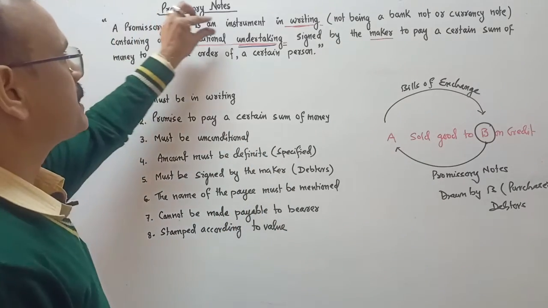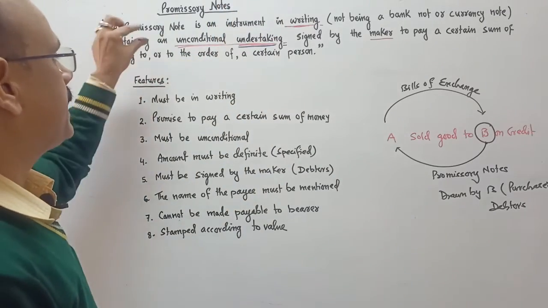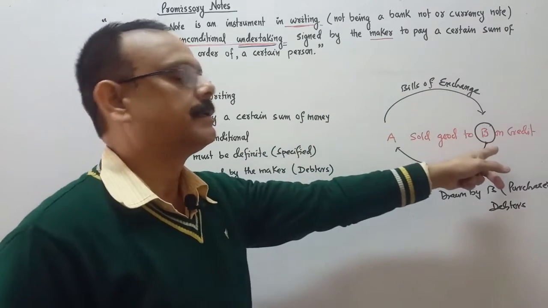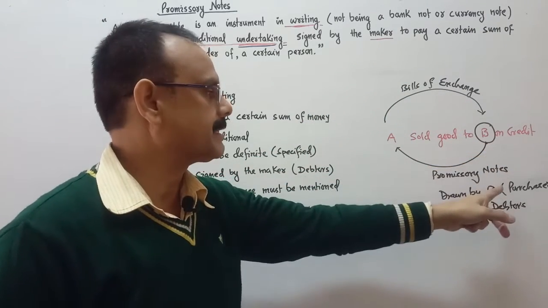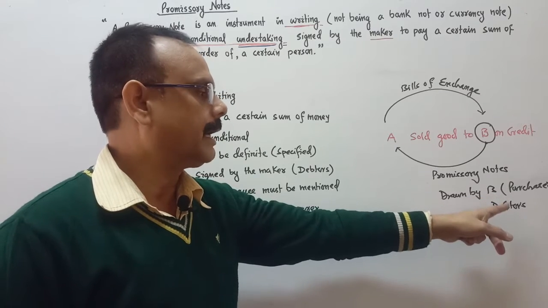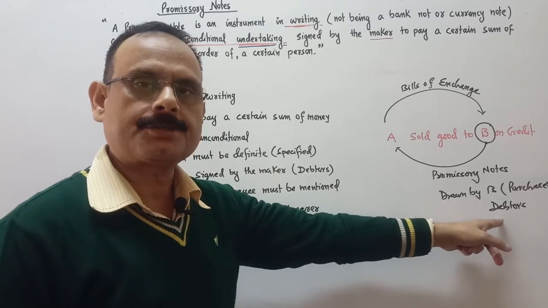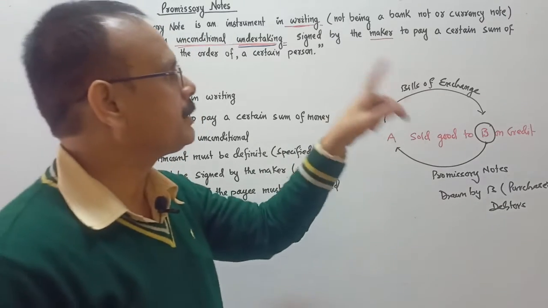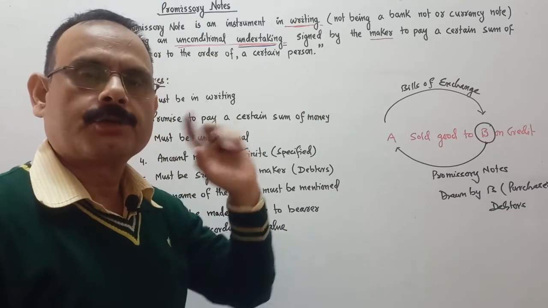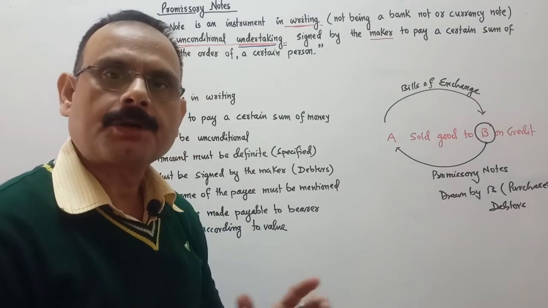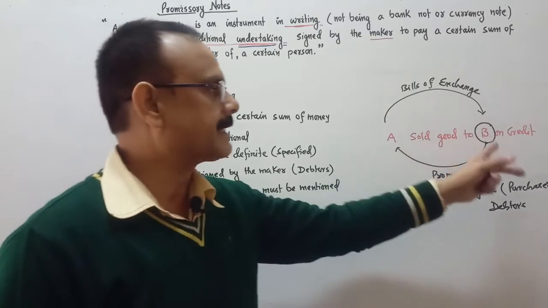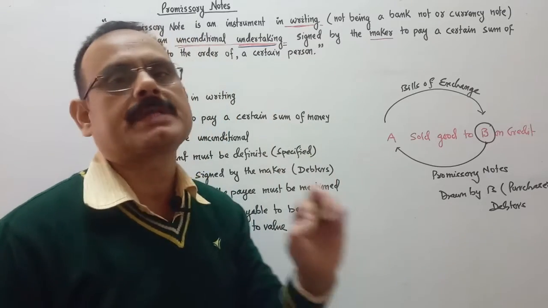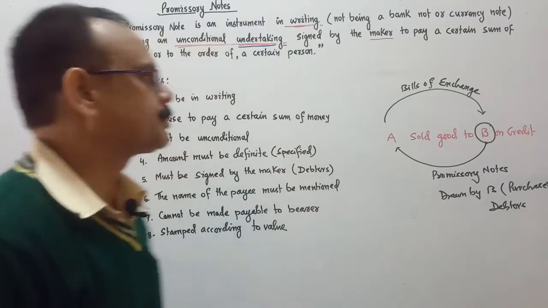The purchaser is the maker. The debtor draws the promissory note and sends it to the seller. Here the seller's acceptance is not required. Only B has to sign on that promissory note.